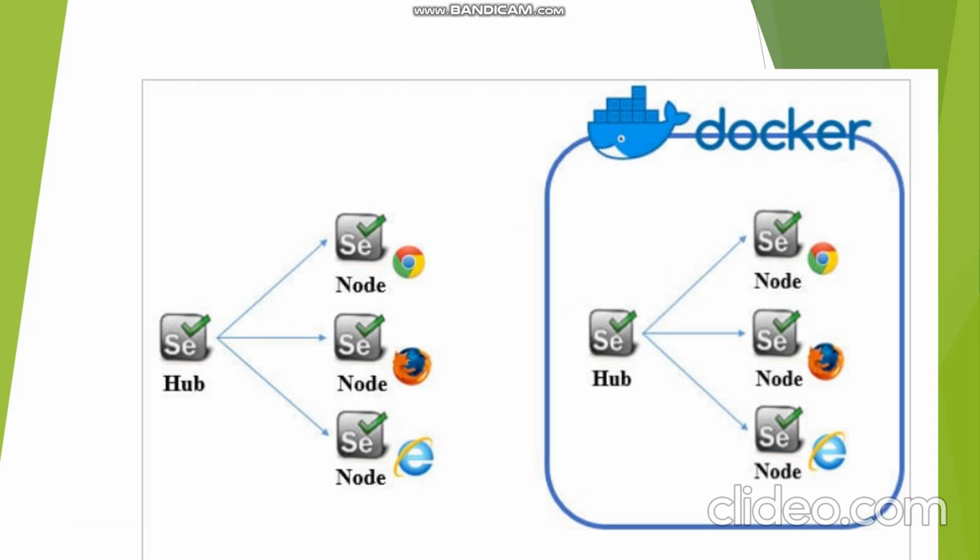So the main difference between these two diagrams is that on the left side, Selenium Grid is one machine and the nodes are a different set of machines, whereas with Selenium Grid with Docker, on the right side, both the hub and the node entities run from containers. One single container will run and establish the connection between hub and node.